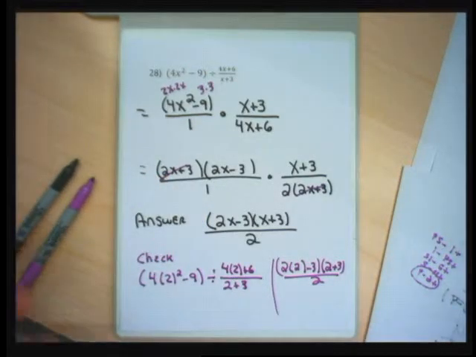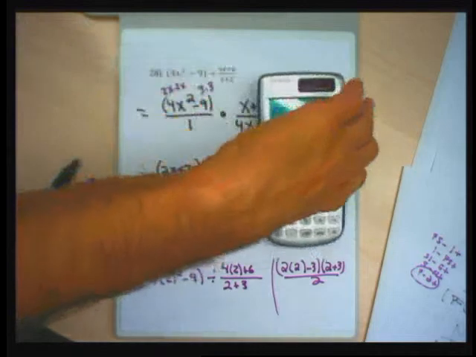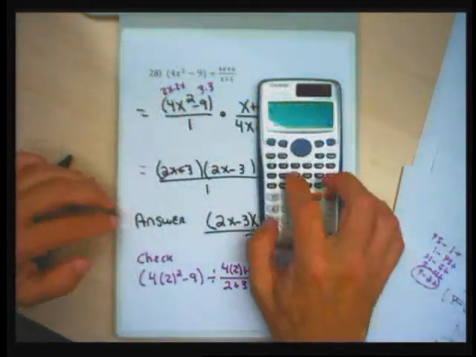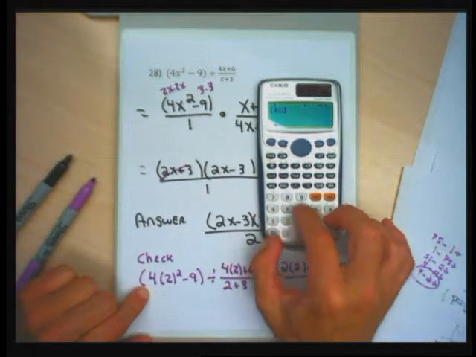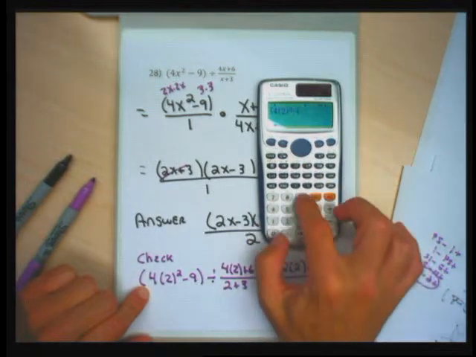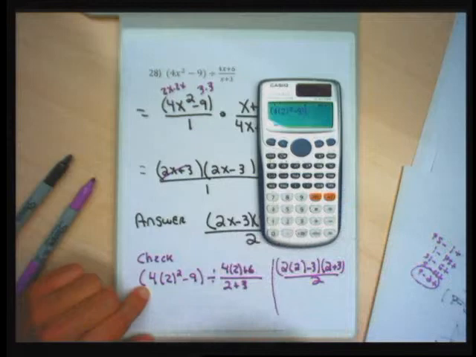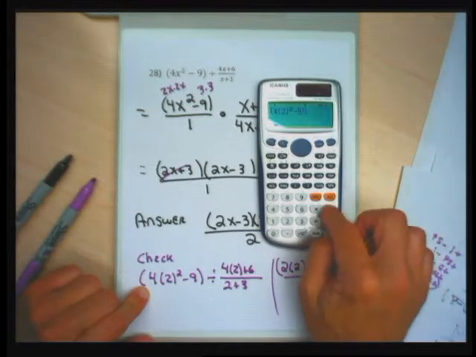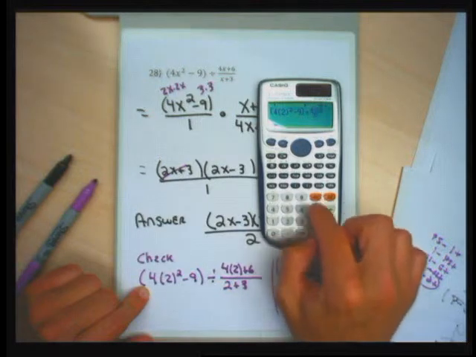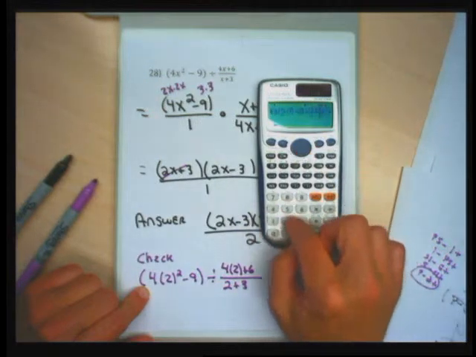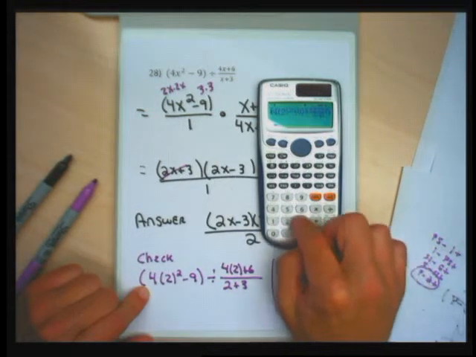Do both of those, hopefully they come out to the same number. So first one, parentheses 4, and then parentheses 2 squared minus 9. Close out my parentheses. Divided by fraction 4 times 2 plus 6 over 2 plus 3.